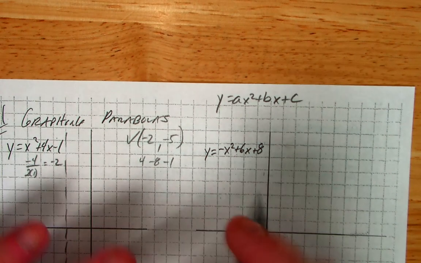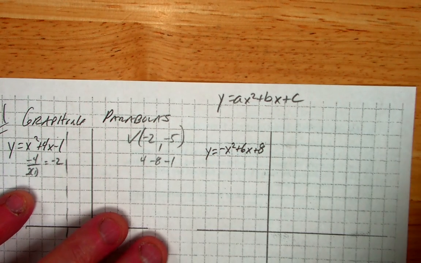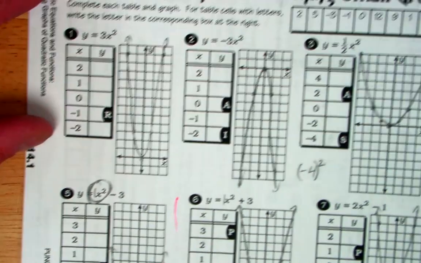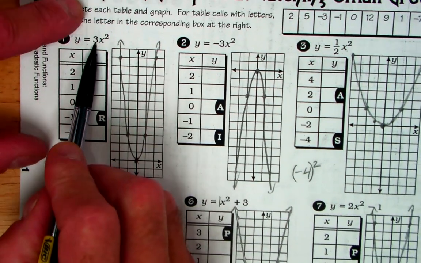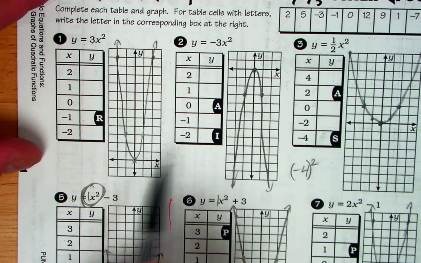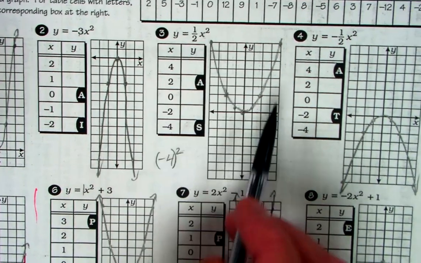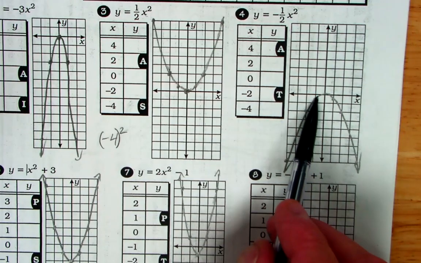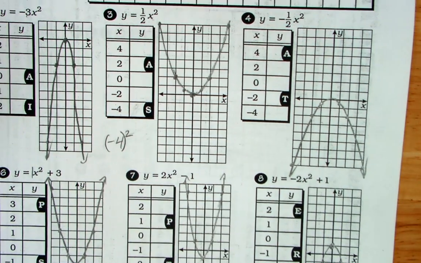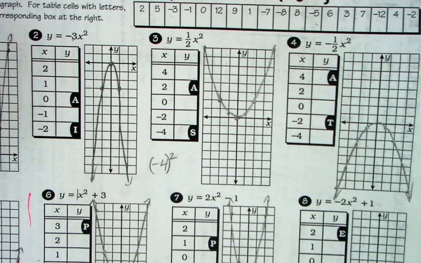Okay? The first thing, let's have a little study about a. You don't need to get this worksheet out, but I want to use it as an example. Here we go. 3 opened up. Negative 3 opened down. 1/2 opened up. Negative 1/2 opened down. So what's your hypothesis?